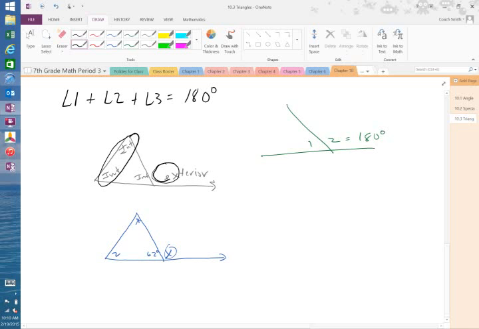So I can figure it out by either subtracting this interior angle from 180 degrees, or I can add the other two angles of the triangle, and it will equal the exterior angle. So what Drew was saying was sort of correct, but I didn't want him to say that one of the angles is 118 degrees; both of them are.